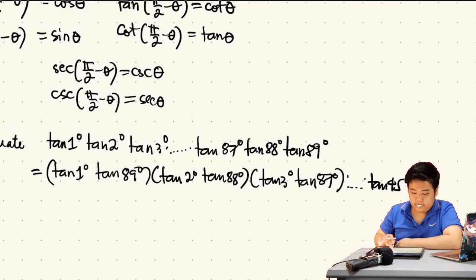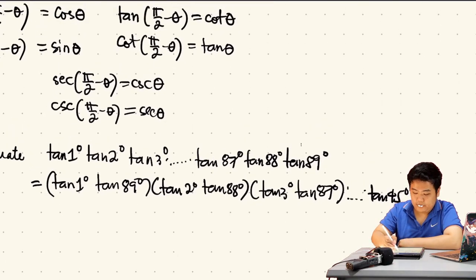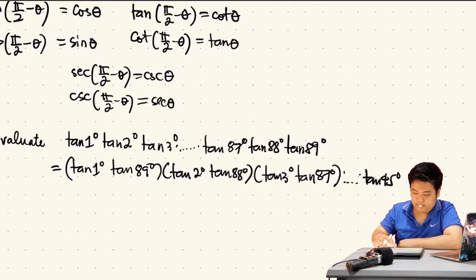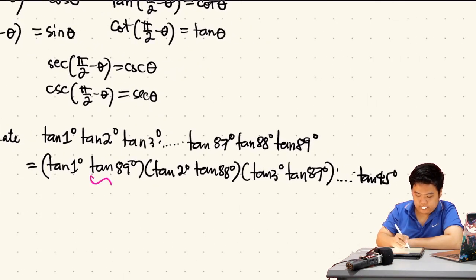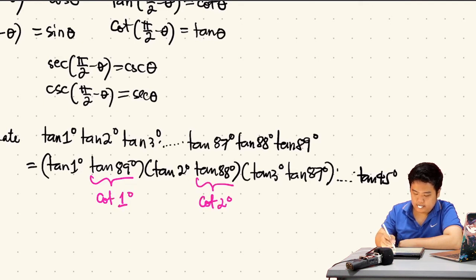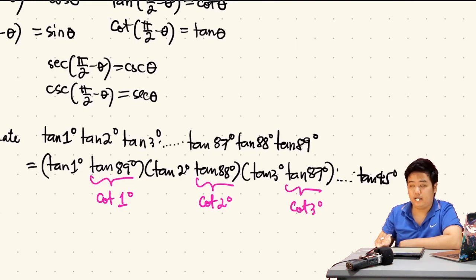So, papansinin nyo, kapag kinuha mo yung complement nito, which is 90 minus theta, magiging cotangent. So, itong part na ito, cotangent 1 degrees, cotangent 2 degrees, cotangent 3 degrees, lahat ng may ka-partner.